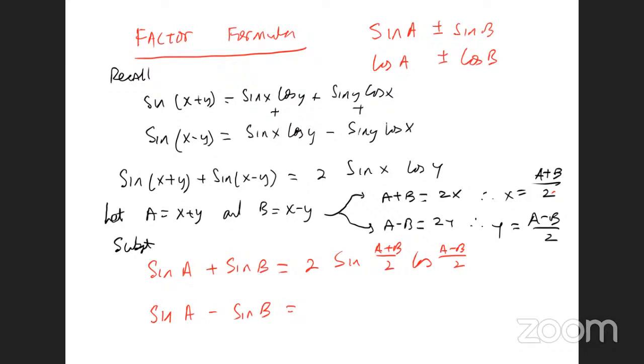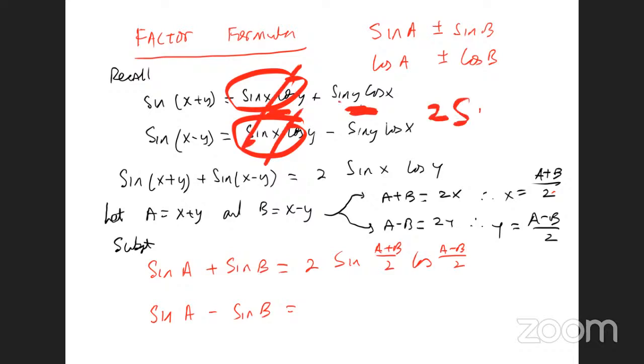If you subtract them instead, this will cancel, and if you subtract in the middle here instead, these two will cancel, and you'll be left with 2 sine y cos x.